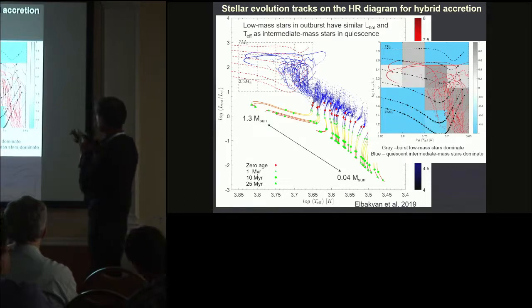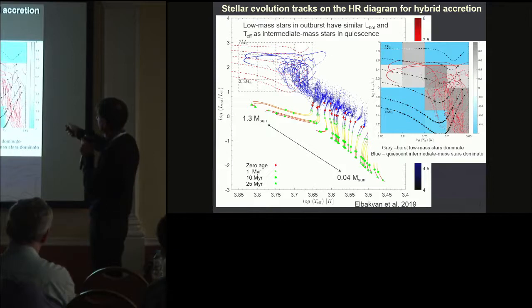intermediate mass star. So again, these are isomasses of 7 to 2.5 solar masses, and these black squares show the time: this is 80 kiloyears, 160 kiloyears, so the interval is 80 kiloyears. So these are really young stars, and these are older.